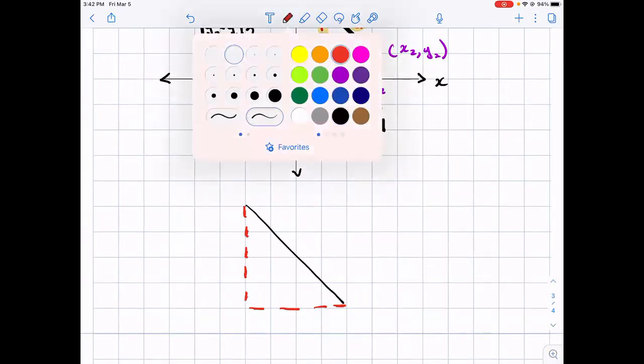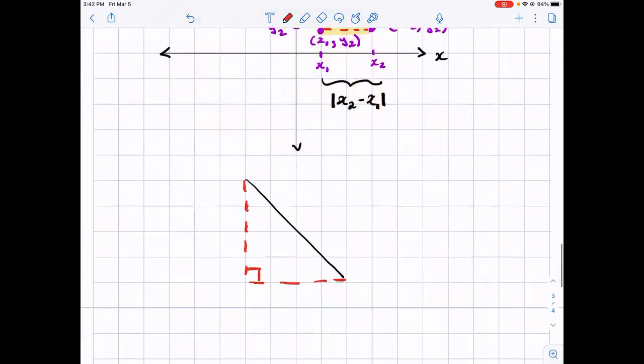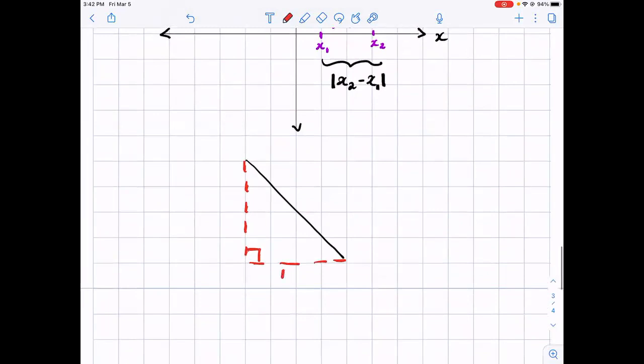It is 90 degrees. And we know that this side here is the absolute value of x2 minus x1, this side here is the absolute value of y2 minus y1, and this here is d.